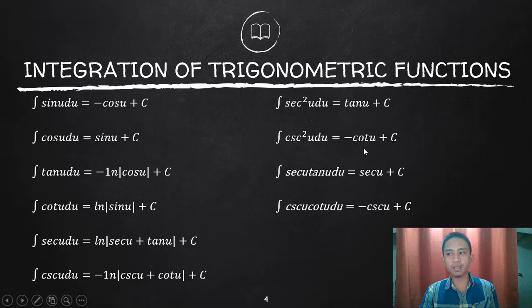If you integrate both sides, then you will cancel the effect of the derivative, so it will go back to these functions. Before, the derivative of tangent is secant squared. So if we try to get the antiderivative by integrating, then it will go back. The integral of secant squared will go back to tangent. Same as this cosecant squared, this secant tangent, and then cosecant cotangent.